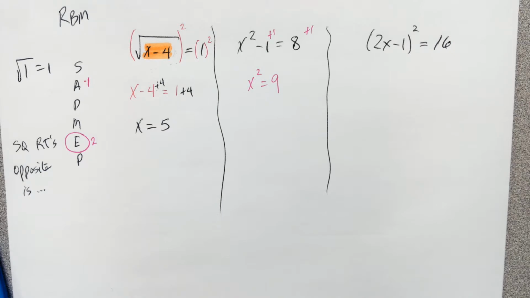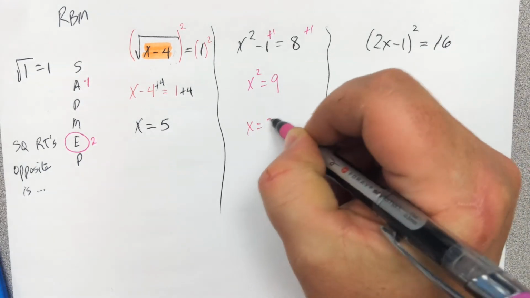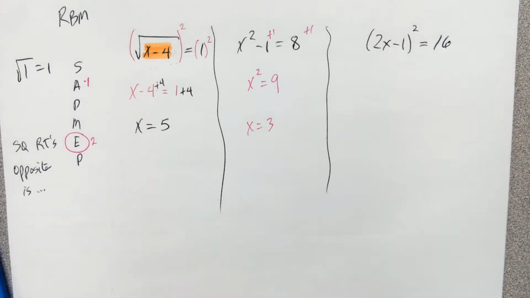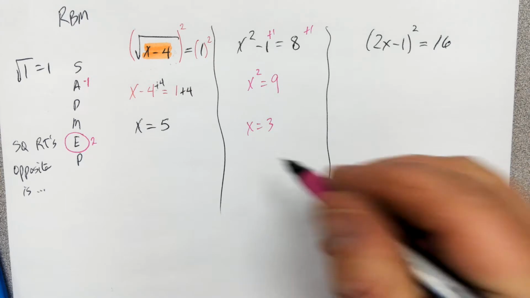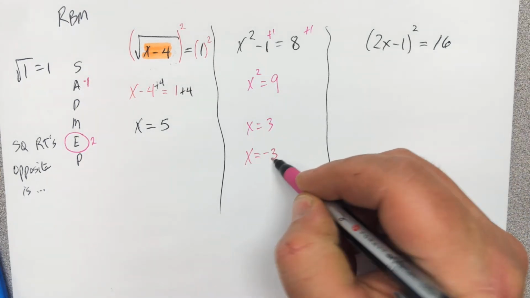Hey, what squared is 9? Okay, good. There's actually 2 answers. There's another number times itself that equals 9. What else times itself is 9, do you know? What's negative 3 times negative 3? 2 answers.